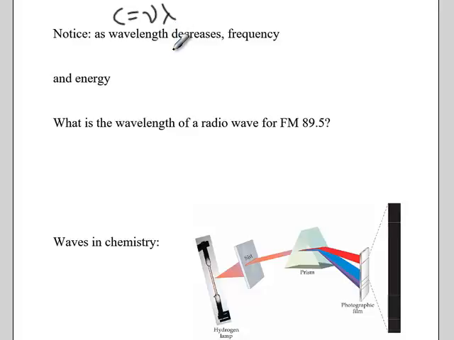So if the wavelength gets smaller, the frequency has to get bigger. That's called an inverse relationship between wavelength and frequency. If one goes up, the other one has to go down. Also, the energy of the wave goes up as the frequency goes up. So energy and frequency are directly related, or directly proportional, to each other.